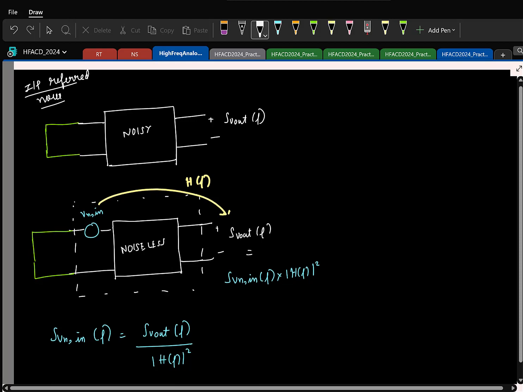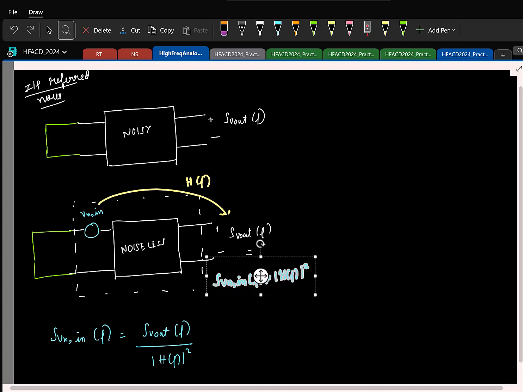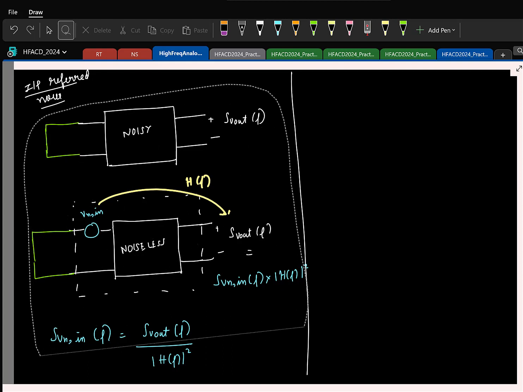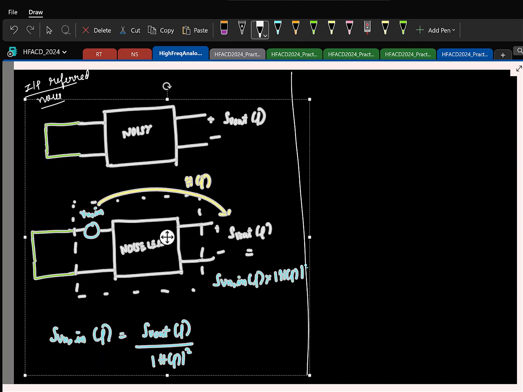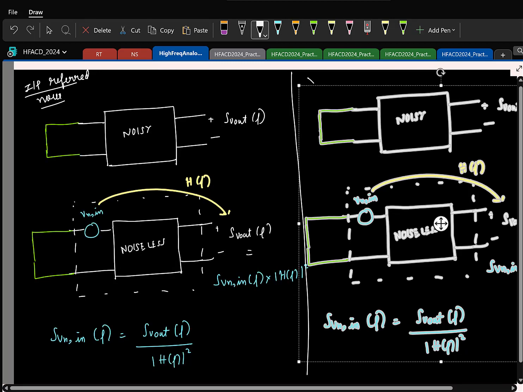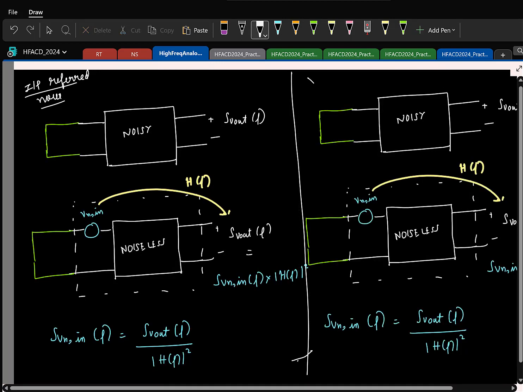So now to find this input referred noise, you actually don't have to only compute the output open circuit voltage. What you can do is the following.